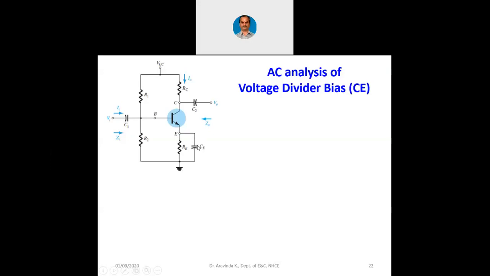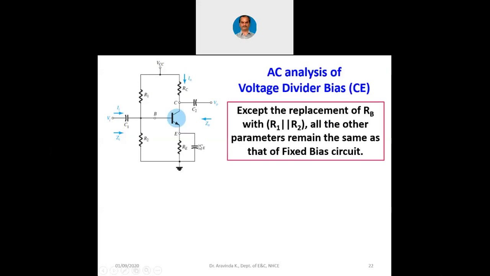capacitor. So the circuit becomes like this, except the replacement of RB with R1 parallel with R2, all the other parameters remain the same as that of the fixed bias circuit. You can see RC's other end will be connected to ground, the emitter will be connected to ground because of CE, and instead of RB we have R1 and R2, but again R1's other end is connected to VCC, which as far as AC signal is concerned is AC ground, and R2 is anyhow ground.